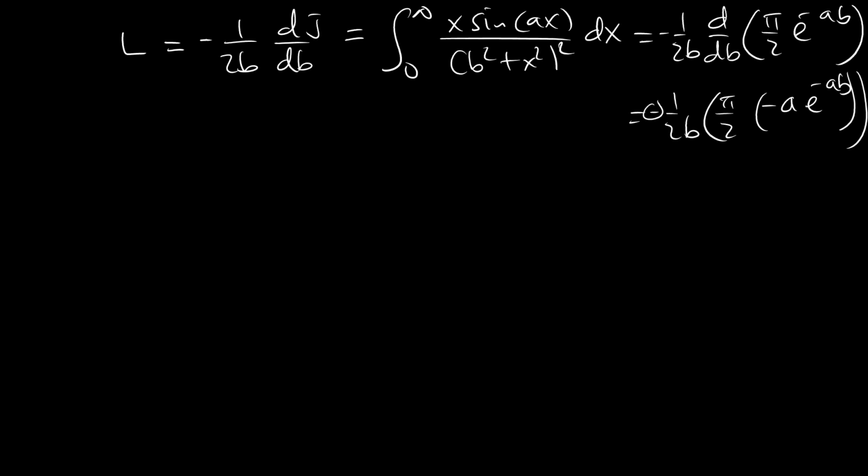These signs interact, so we have a pi over 4b e to the negative ab. So we've been able to solve for the other three problems just by using the answer that we got with I.